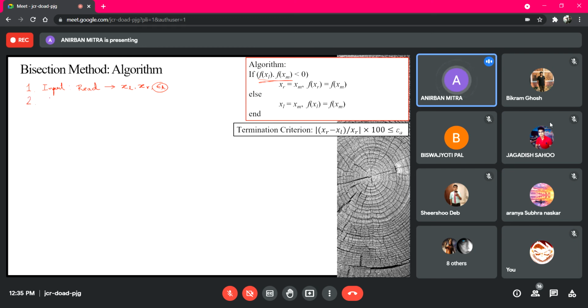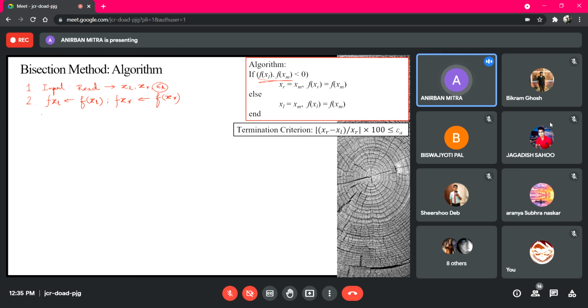Once that is done, you can now go to calculation of fxl, which will receive the value of xl. Also fxr, which will receive the value of xr.